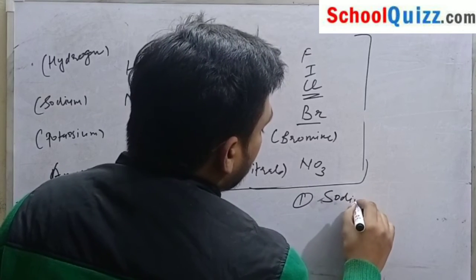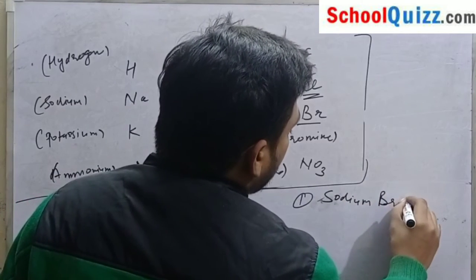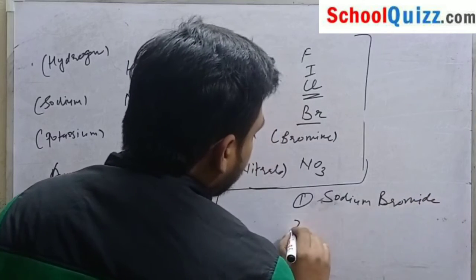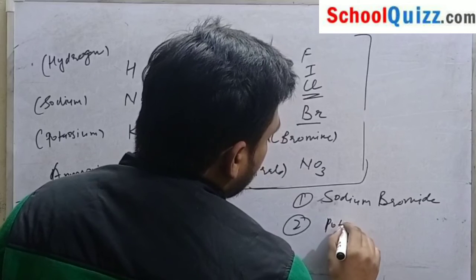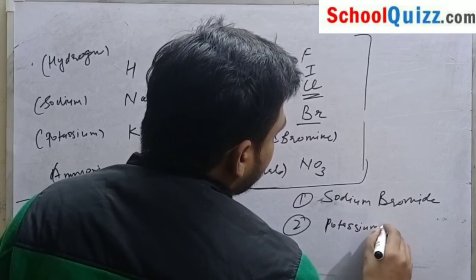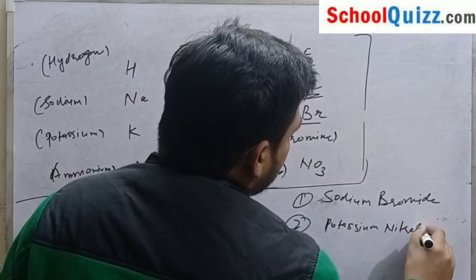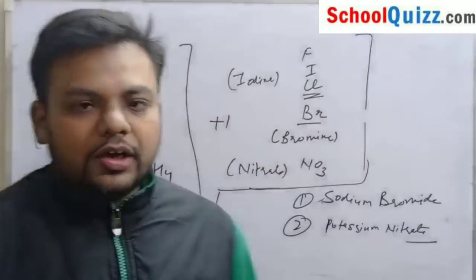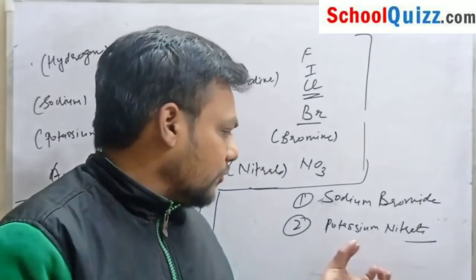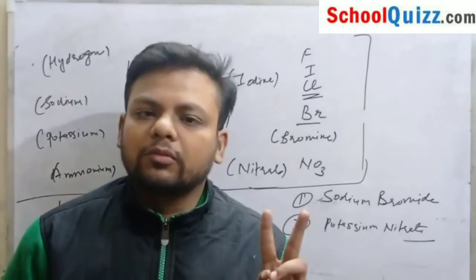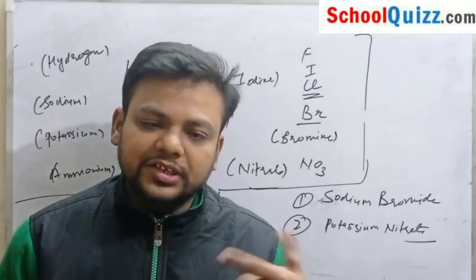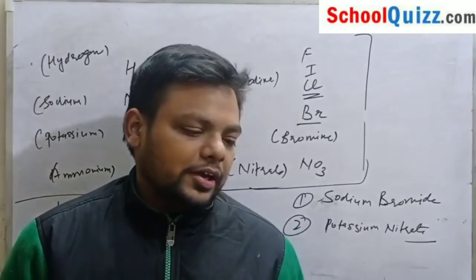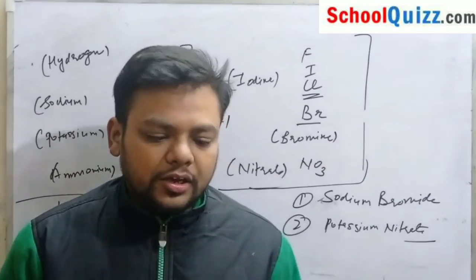You have to make the formula of sodium bromide and potassium nitrate. This is the homework for you, just 2 formulas. We will also discuss them in our next video, but I hope that you will try them. Okay, so thank you.